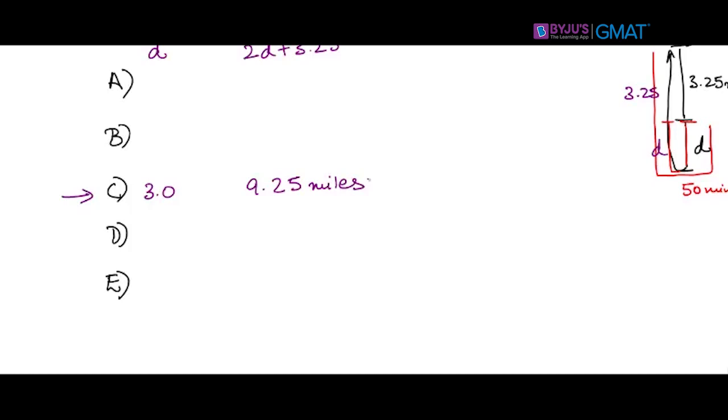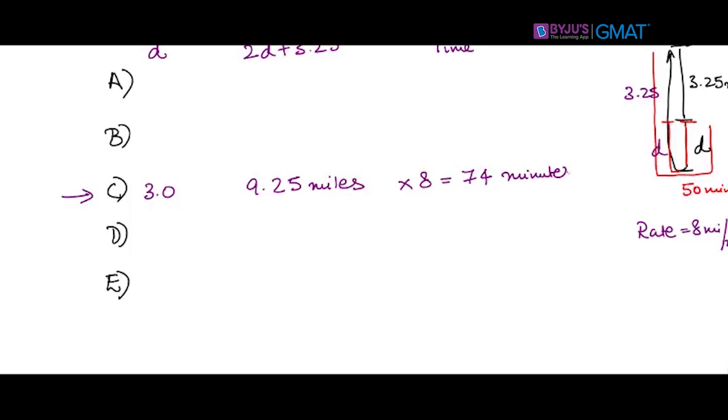All you have to do is find out how much time it takes him to cover 9.25 miles. Since the rate is 8 minutes per mile, the time will be 9.25 multiplied by 8, which gives you 74 minutes.